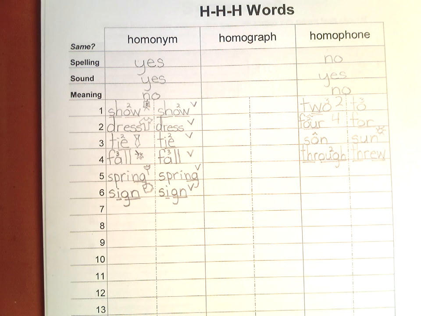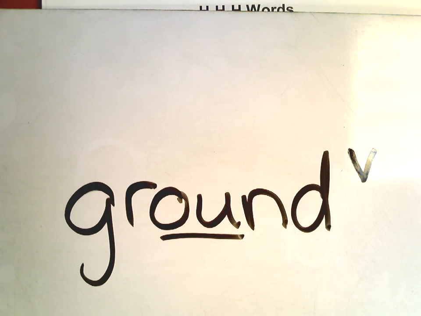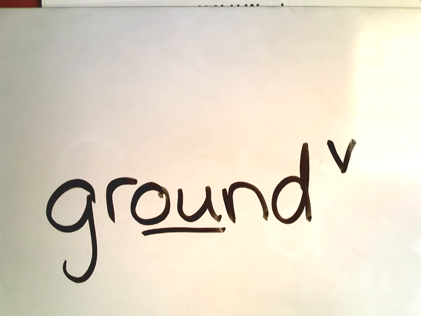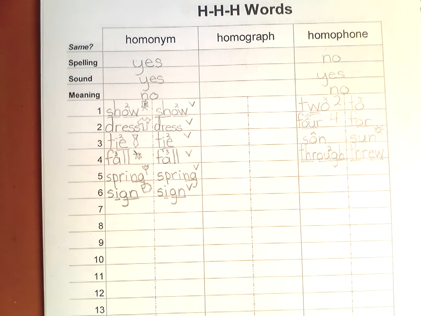But this is our verb. So like we've been doing, we'll just put a little V next to it. All right, we will call that good for this video, class. We'll do one more to finish up some more practices.